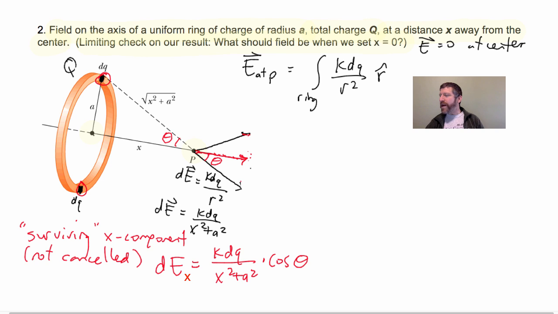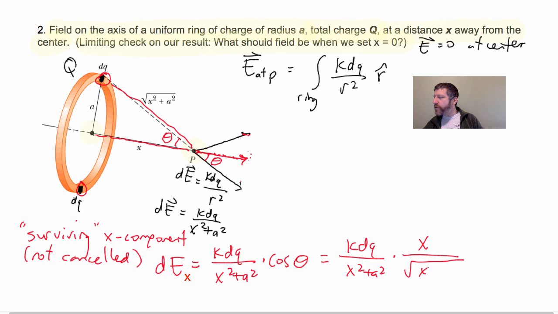Well, what is cosine of theta for this theta? Notice cosine of theta is adjacent over hypotenuse. Hey, that's really interesting. I can rewrite this as k dq over x squared plus a squared, and cosine of theta is going to be x, adjacent, over the square root of x squared plus a squared.